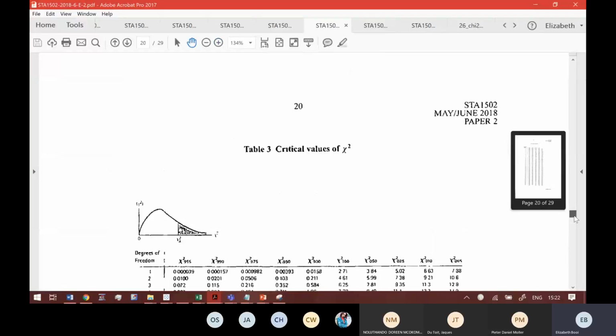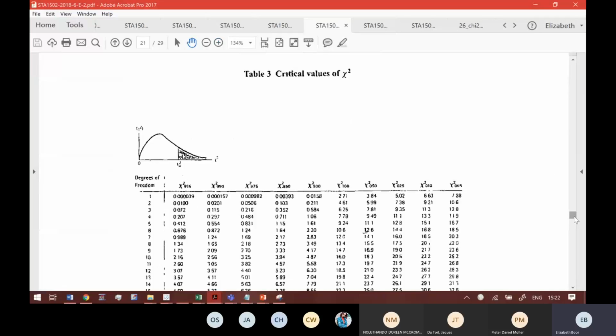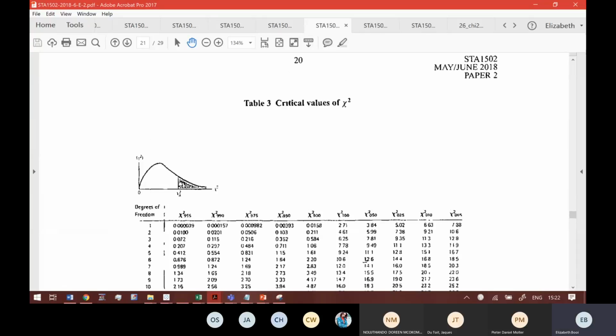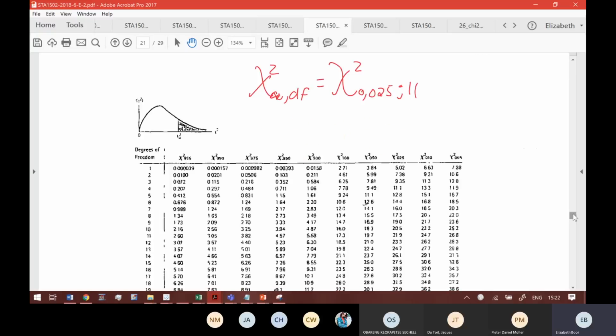We are looking for the critical values of chi table. We're looking for alpha and degrees of freedom of chi-square. Our alpha was 0.025 and our degrees of freedom was 11. So we're looking for the alpha value of 0.025. We're going to find it here at the top, and that's our alpha.